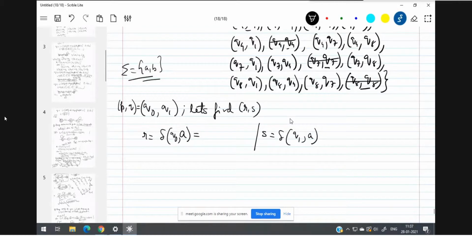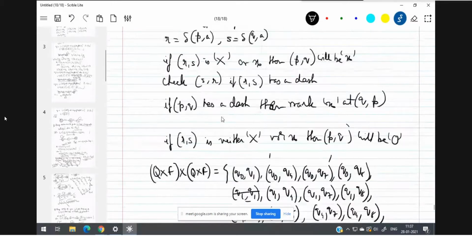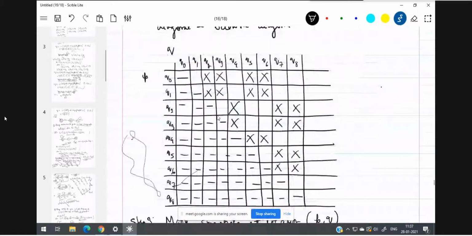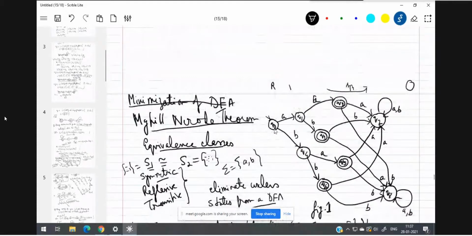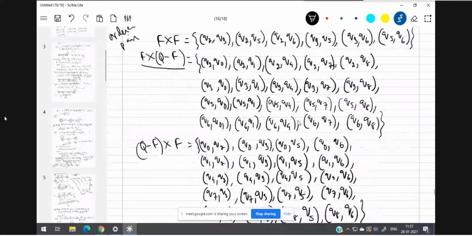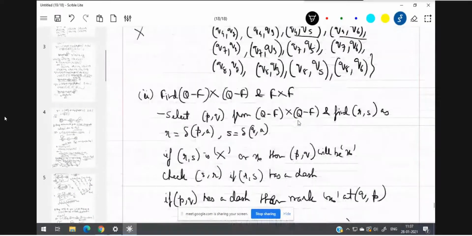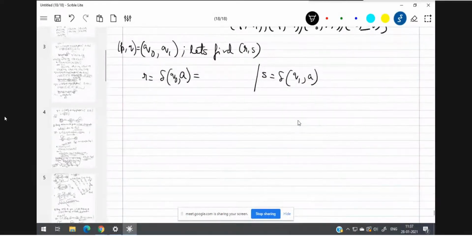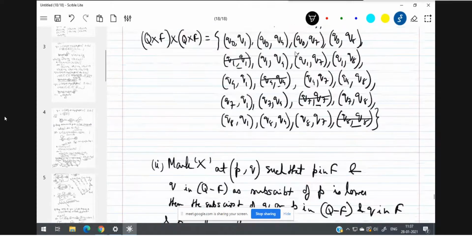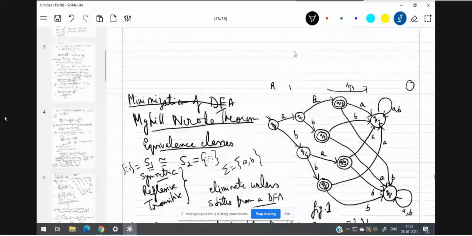Now, how to find delta Q naught comma A? We'll go to the diagram. Currently at Q naught with input A is Q1. Now again, currently at Q1 with input A is Q2.